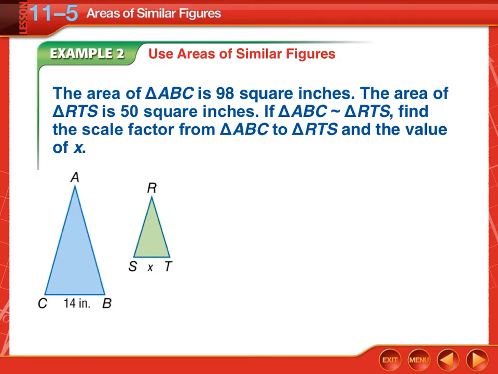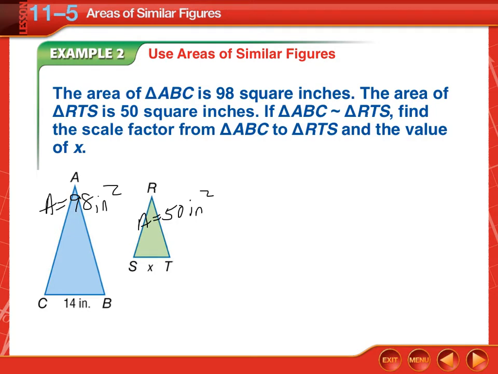Taking a look at example 2, the area of triangle ABC is 98 square inches. So I'm going to write that down here. And we're told that triangle ABC is similar to RTS. Find the scale factor from ABC to RTS and the value of x. Also, the area of RTS is 50 square inches.